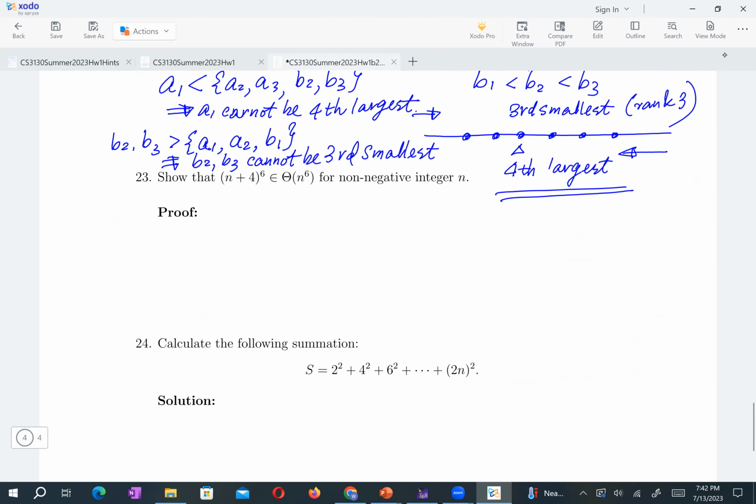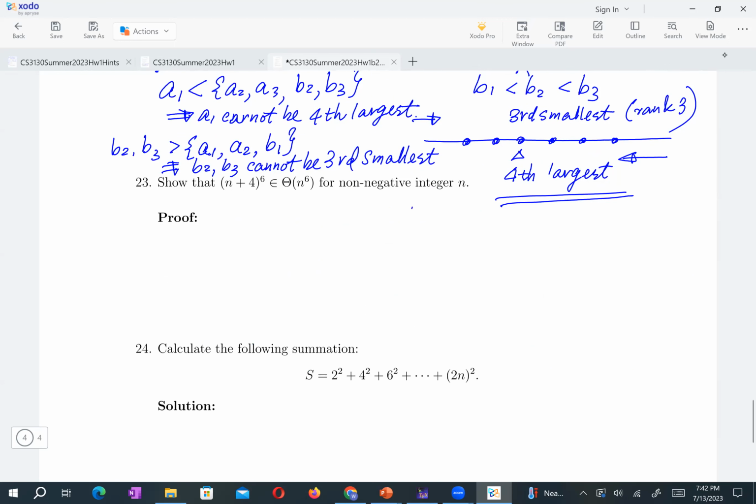Number 23, two methods you can use. One, use the limit method. As n goes to infinity, you take the limit. You're allowed to do that, because I did not say you cannot use the limit method.